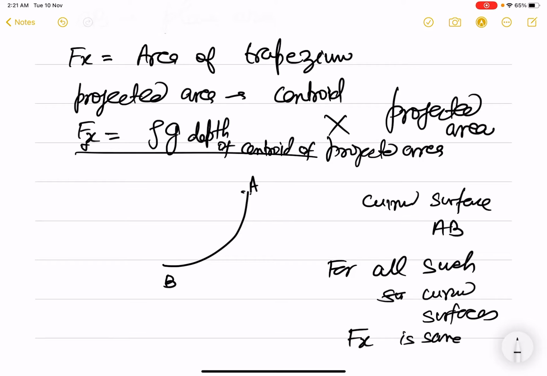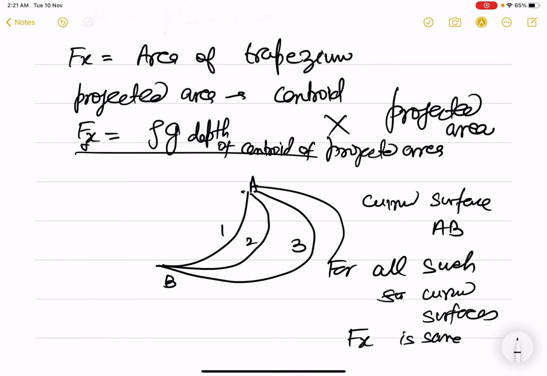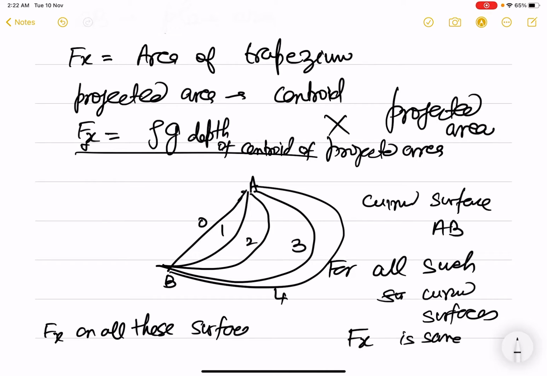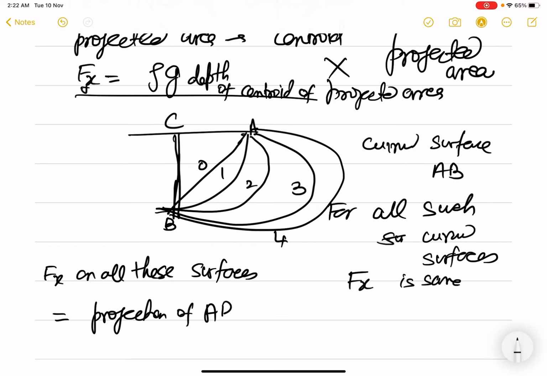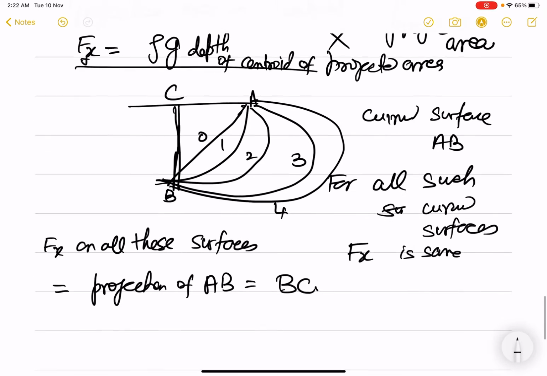So whether it is this surface or a surface AB like this, or surface 1, surface 2, surface 3, surface 4, or a planar surface AB, let's call this surface 0, Fx on all these surfaces is equal to, you take the projection of AB, which is equal to BC.